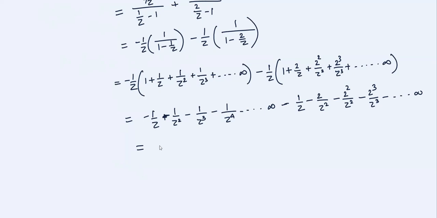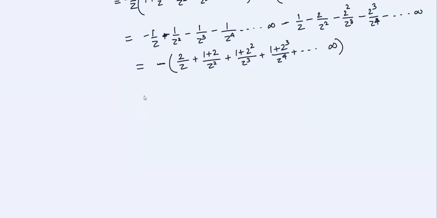So if we add, we get minus of 2 by z plus 1 plus 2 by z square plus 1 plus 2 square by z cube plus 1 plus 2 cube by z power 4 and so on.